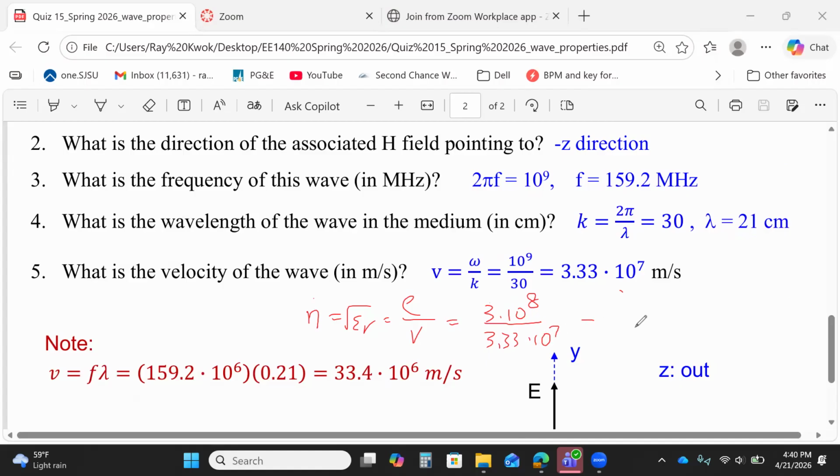And that gives you roughly 9. So this is n. To get the dielectric constant, you need to square it. That's a huge number.